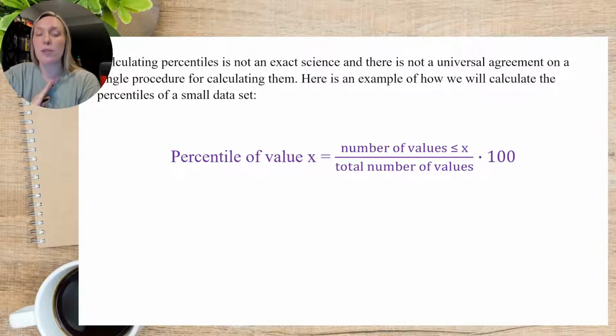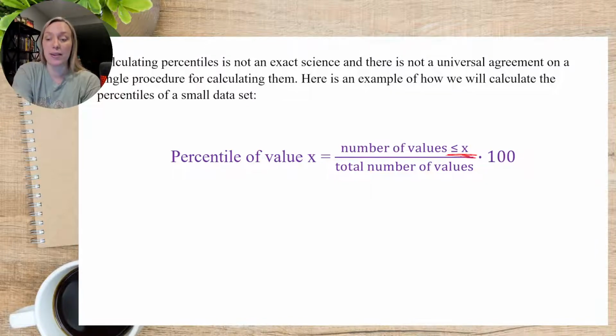To find the percentile of a value, you take the number of values that are less than or equal to that value and divide it by the total number of values. You'll multiply it by 100 to get that percentile. But it's the number of values less than or equal to that value X.